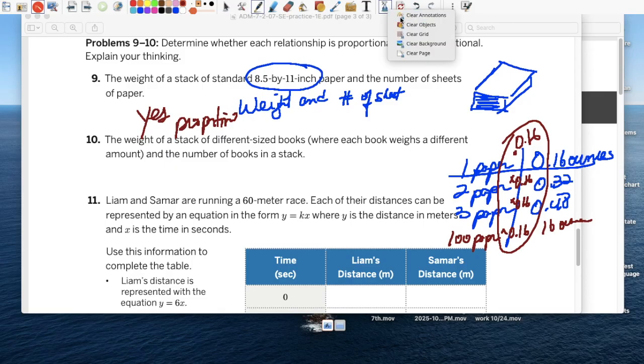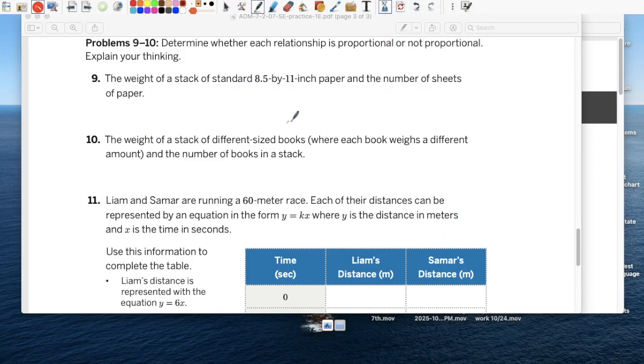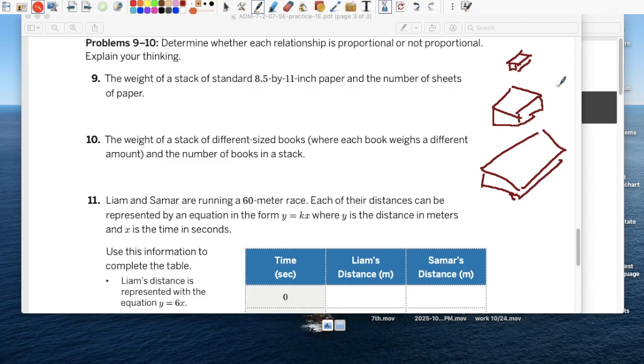All right, so let's see. The weight of a stack of different size books. So you have a book here, right? And then you have another book, and I'm going to make it smaller, right? And then you have a big book, right? So let's say I put one book on top of each other. Are the weights proportional?